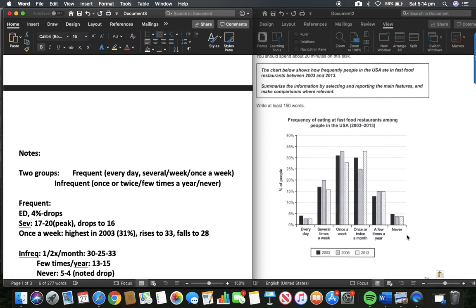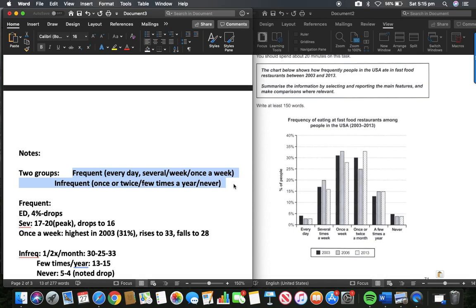Now, by the way, I'll mention this again at the end, but part of the reason I was able to do this is because I read a lot, I watch documentaries, I watch the news, I pay attention to things like food and health. And if you ask most dietitians or doctors how often is it okay to eat fast food, they will probably say once a month is okay, but never is great.